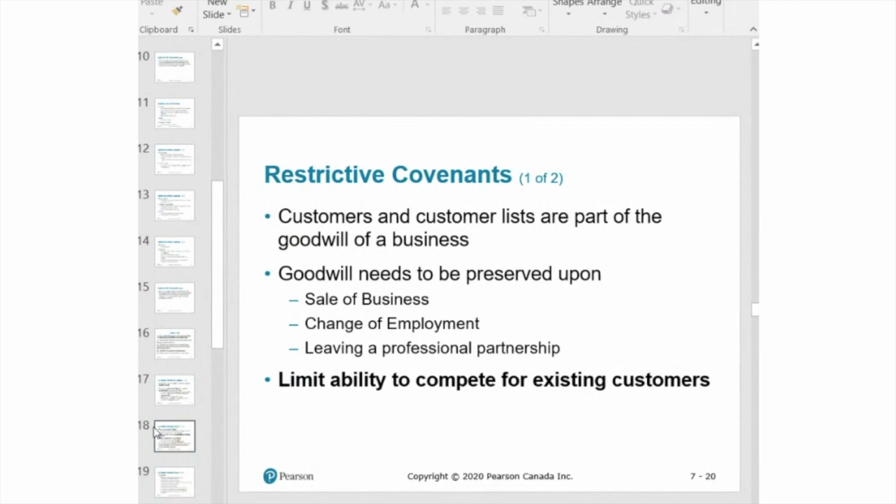I don't want the seller to be competing with me, for example, because they may attract all the former clients. So a non-competition is an example of a restrictive covenant. Or there are other examples, such as confidentiality, when people cannot disclose confidential information. So confidentiality clauses, confidentiality sections, they are also known as restrictive covenants.